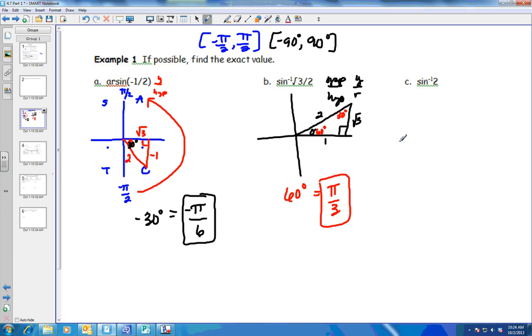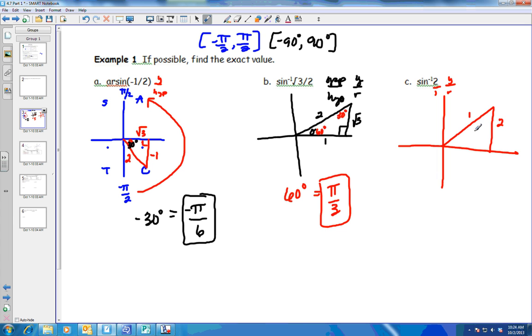Okay, now we're going to do C. Again, sine is positive. So normally I would be drawing my angle in quadrant 1. Sine is y over r, so this would be 2 over 1. So my y is 2, my r is 1.